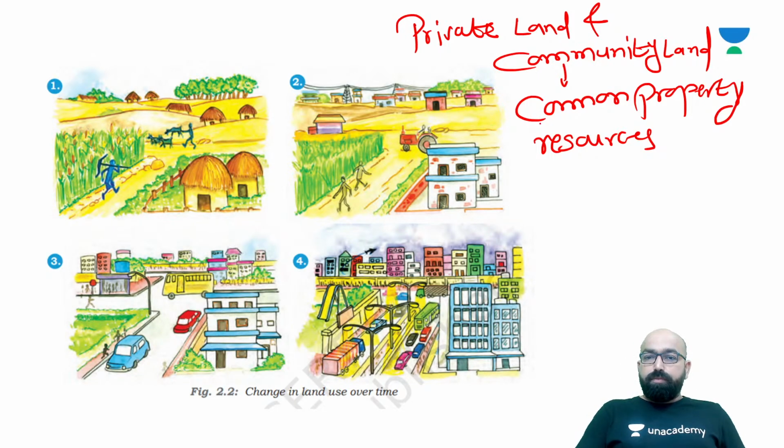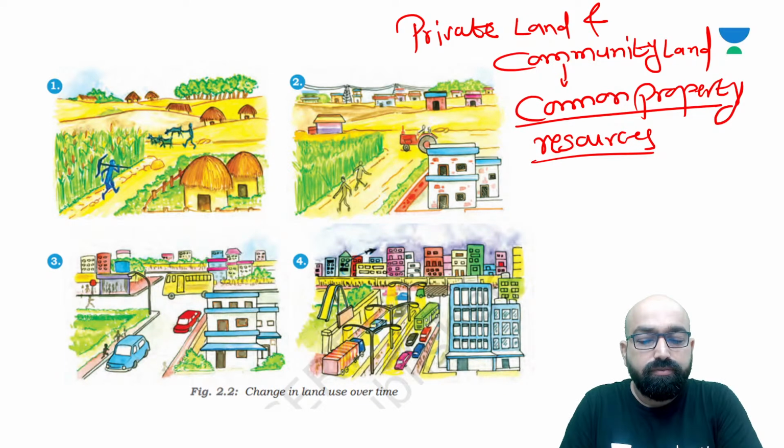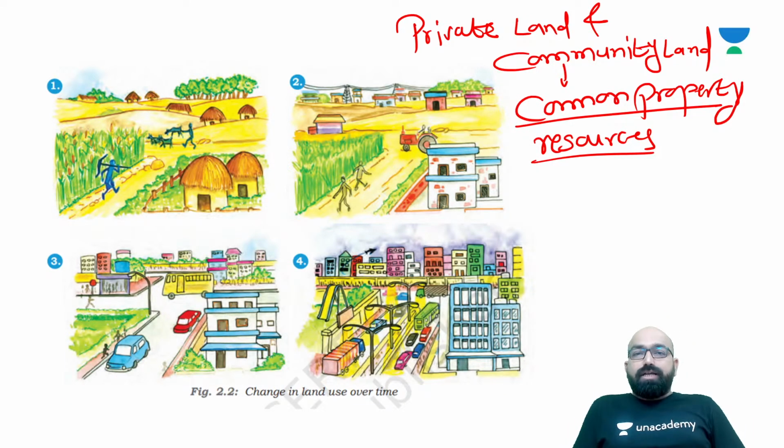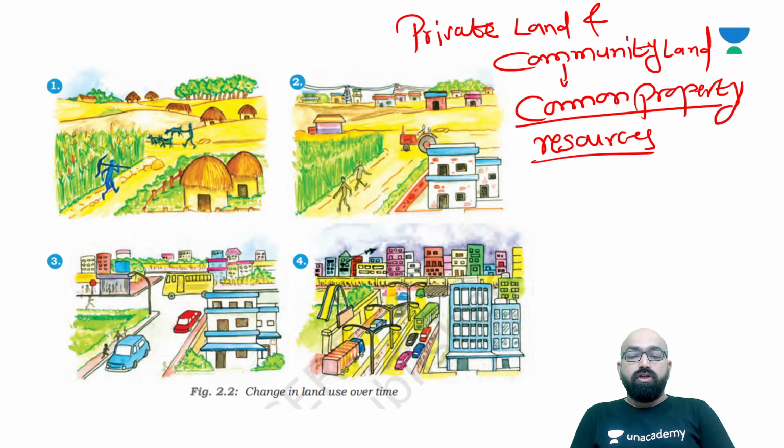Now, people and their demand are ever growing, but the availability of land is limited. The quality of land also differs from place to place.